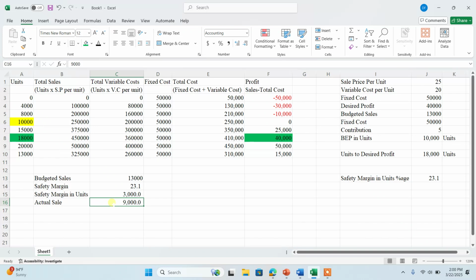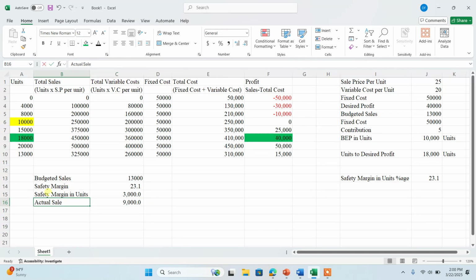It means I sold less than the 10,000, so I will be in loss. You can see here, if I produce 9,000, I will be in loss. So actually the safety margin gives us the bracket of up to what extent I can still be in profit if I do not achieve my budgeted sales, or if I achieve less than my budgeted sales.